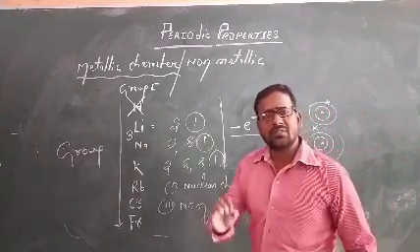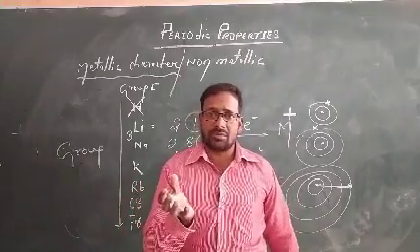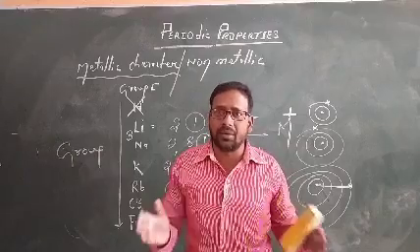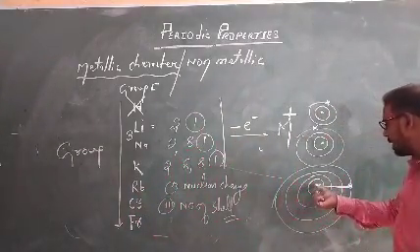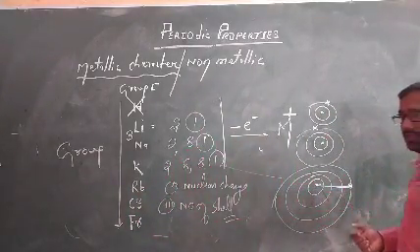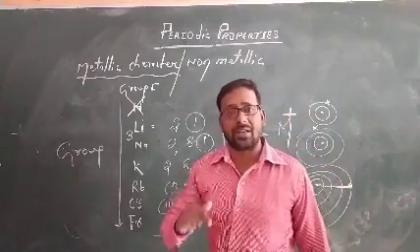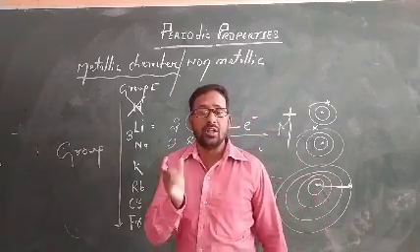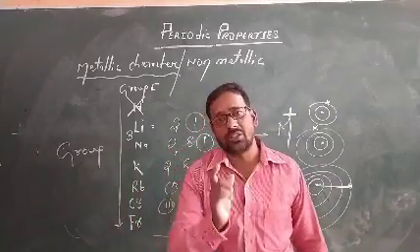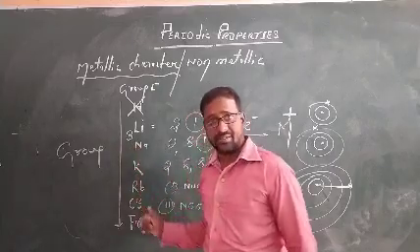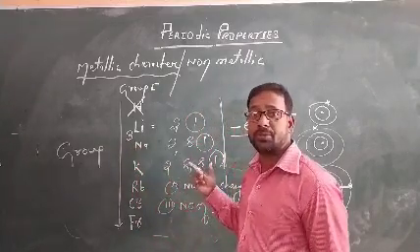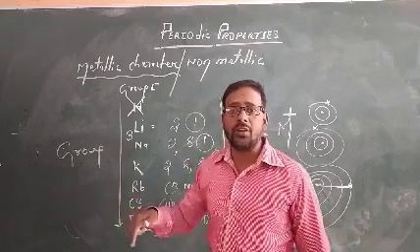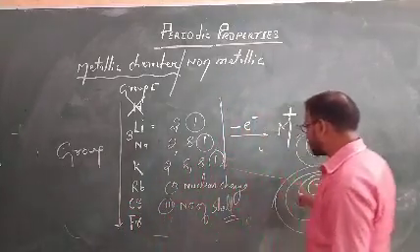If size is smaller, there is more attraction. If size is bigger and the distance between the nucleus and valence electron is more, there will be less attraction, because the effect of the number of shells overcomes the power of nuclear charge. Actually nuclear charge is also increasing, but the effect of the number of shells overcomes the effect of nuclear charge, therefore attraction decreases.